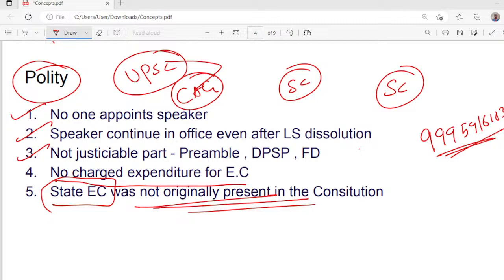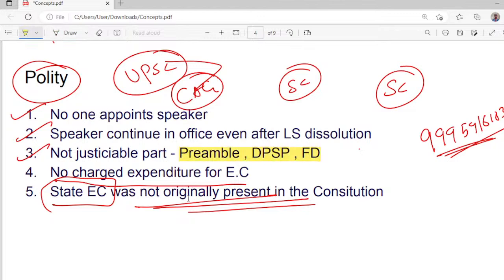Third point, doubt. Third point means you are talking about the not justiciable part. Sir, please repeat about charged expenditure. Very good, I love this. Third point is not justiciable. Not justiciable means whatever is mentioned in the Preamble, DPSP and Fundamental Duties, you cannot go to the court and ask for it.